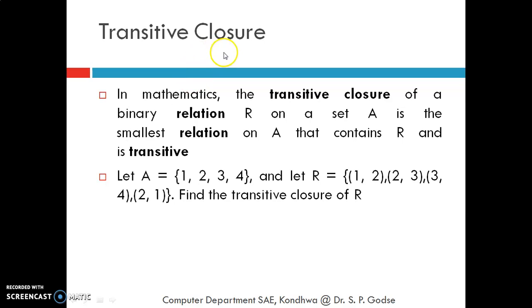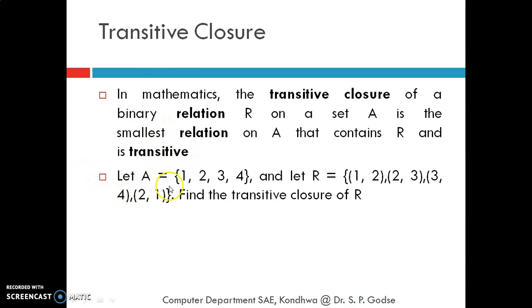In the case of the transitive property, we know that if the ordered pair (a, b) belongs to relation R and (b, c) also belongs to R, then (a, c) should be present in relation R. In mathematics, the transitive closure of a binary relation R on a set A is the smallest relation on A that contains R and is transitive.